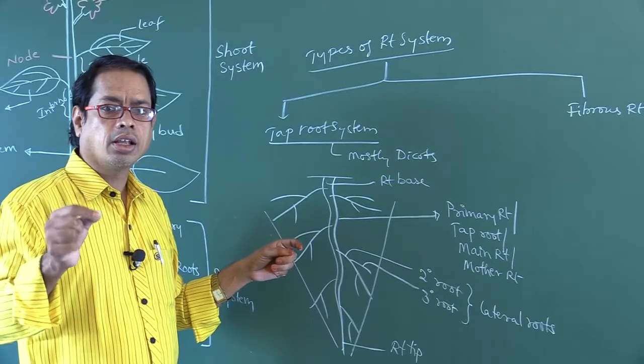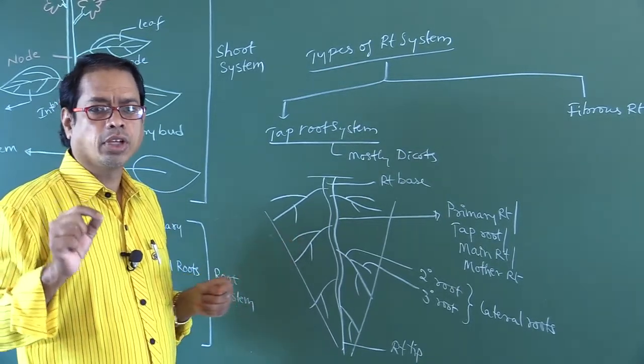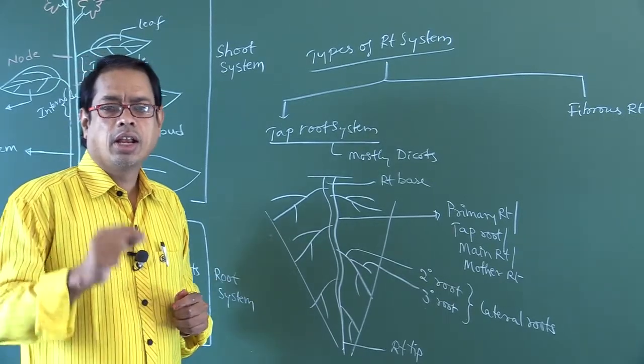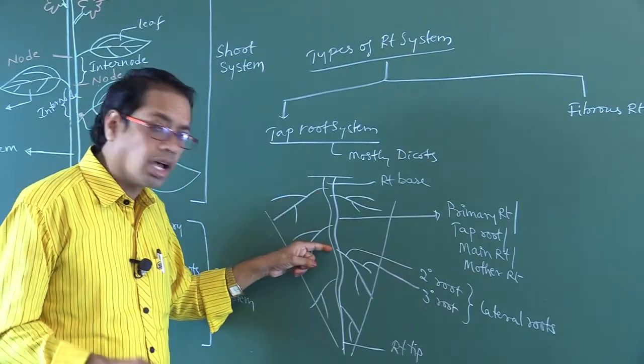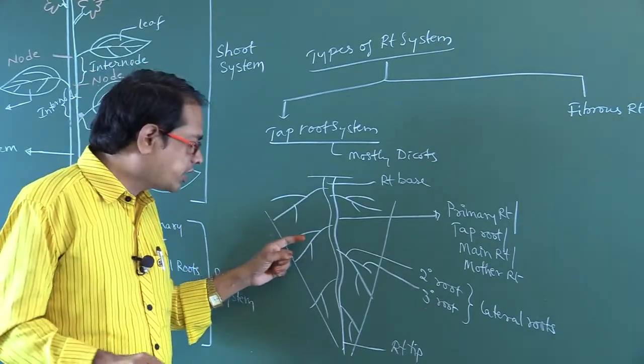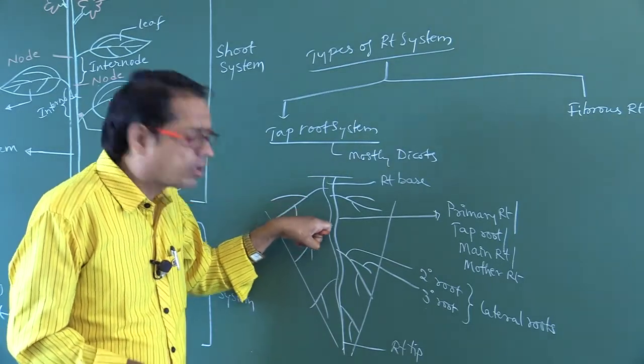Root hairs are smaller in size, microscopic. Those are exogenous. Lateral roots are endogenous. That is, these lateral roots are developed from the inner side of the root.